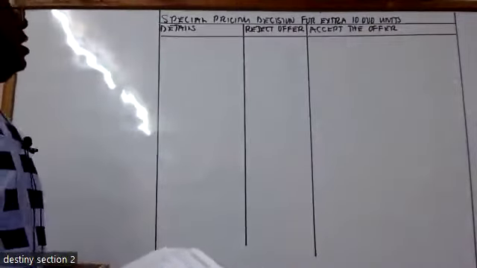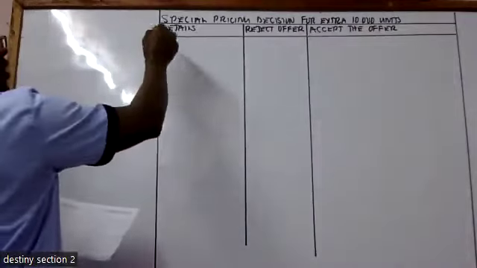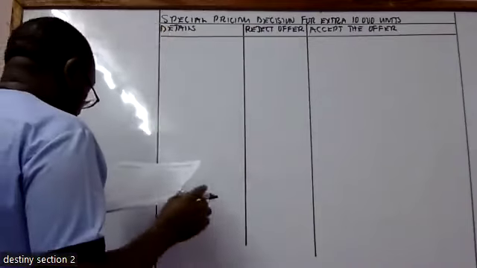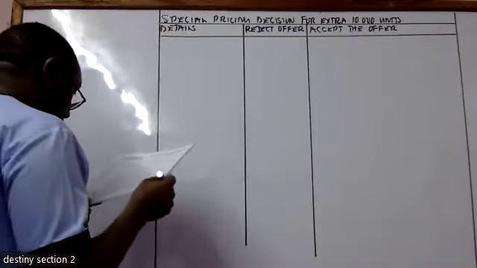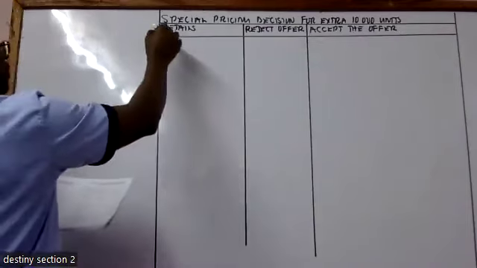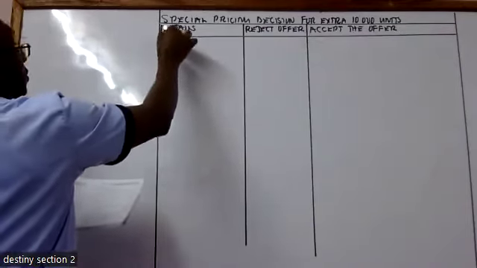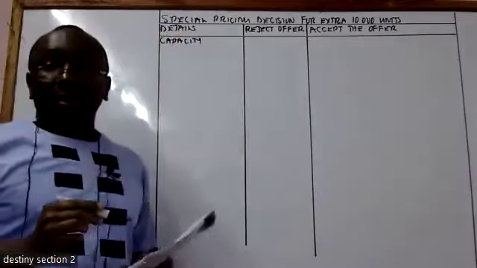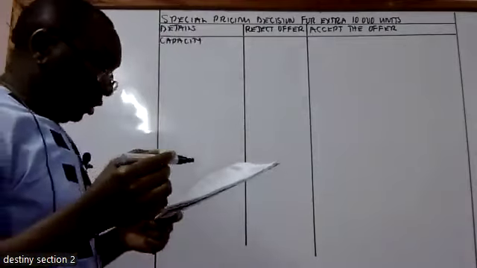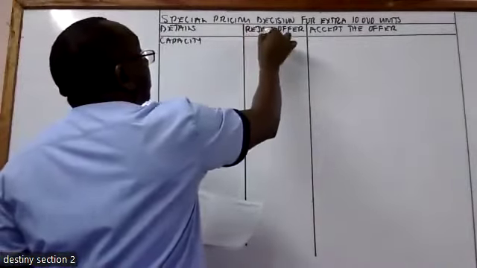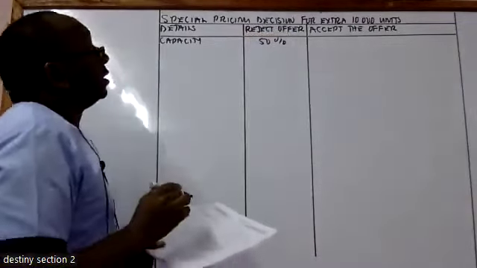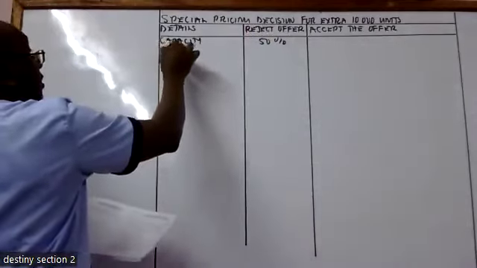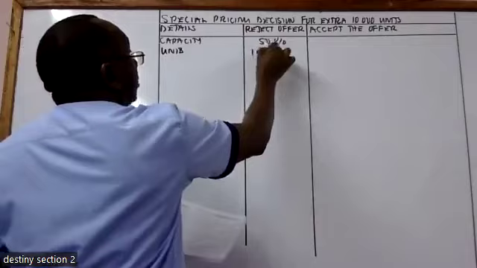So if maybe I start like we started with the capacity here. When you reject the order, you remain at 50%. And the units, they are 10,000.